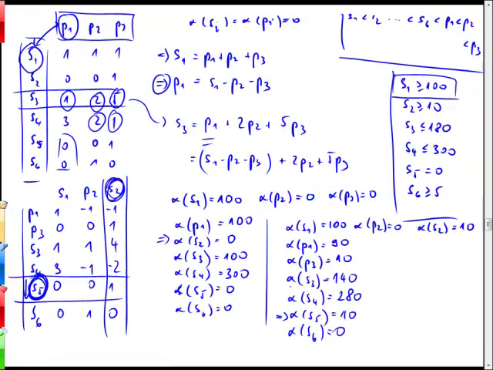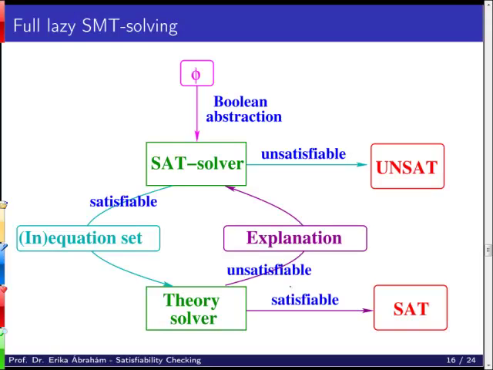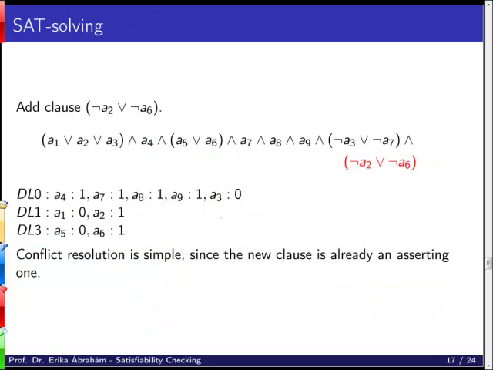So now I do the same as before. In the SAT solver, I got a problem, and now the theory solver simply gives back an explanation, and this is used to refine the Boolean abstraction by a new piece of information that A2 and A6 cannot hold together. So again, conflict resolution is done.